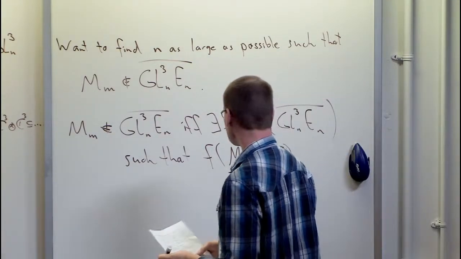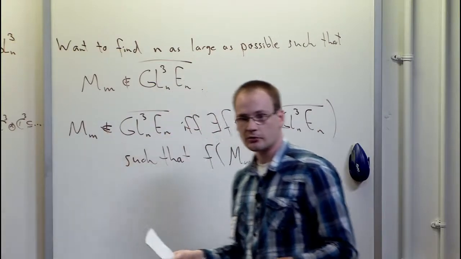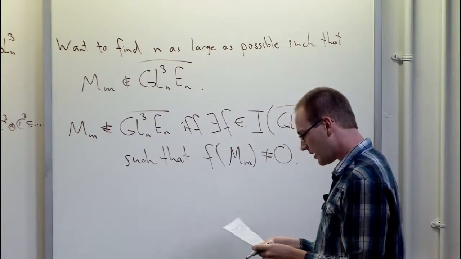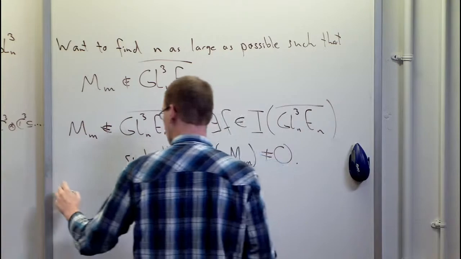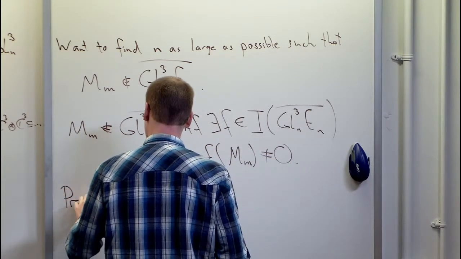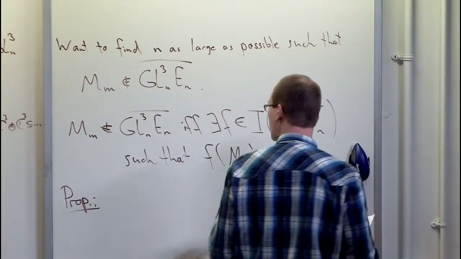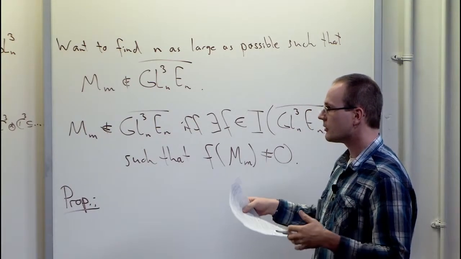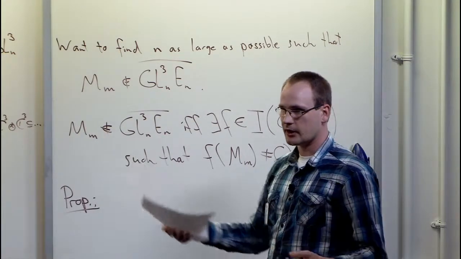So the first proposition is that we don't have to consider all the polynomials. We can restrict our search considerably using representation theory, and this is also what makes the whole thing combinatorial in the end.